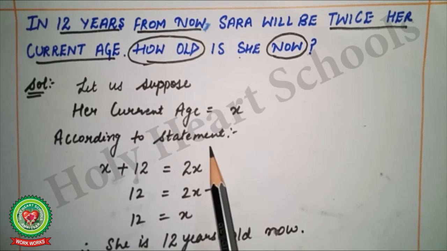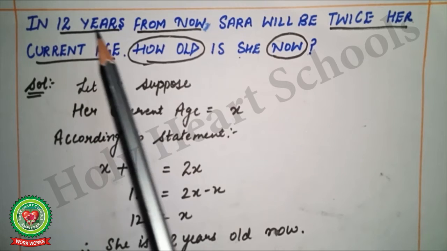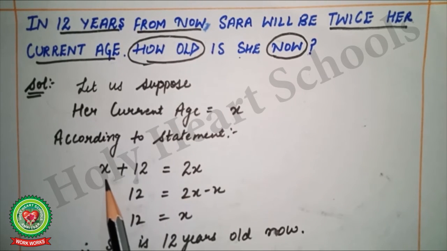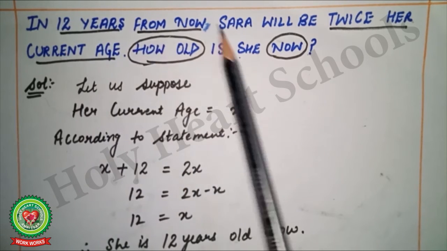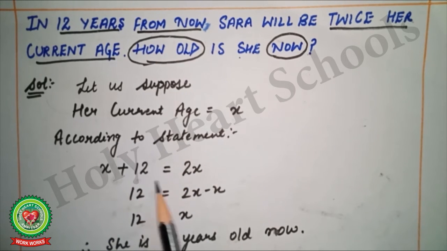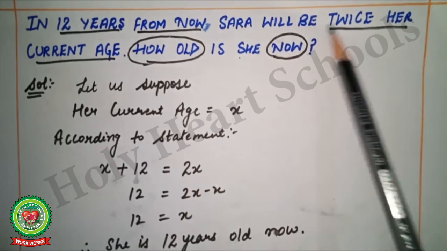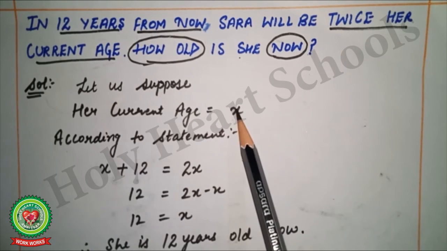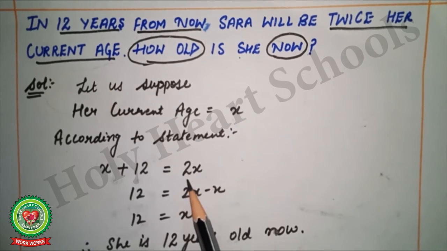According to the statement, they are saying that in 12 years from now, that means current age will be x, and in 12 years from now, that would be x plus 12, which is equal to Sarah will be twice her current age. Current age, that is x. Twice means 2 multiplied by x. So here we will get 2x.